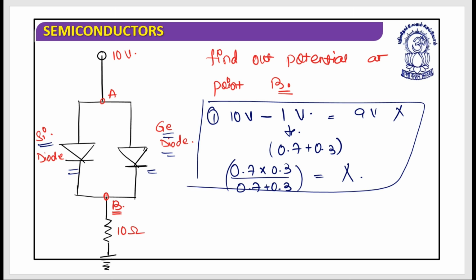Now let me help you guys. Once we provide 10 volt here, this 10 volt will be available at this point. The silicon diode will conduct after 0.7 volt, and the germanium diode will conduct after 0.3 volt, so it will start conducting at the early stage.